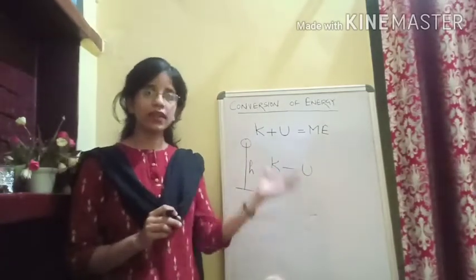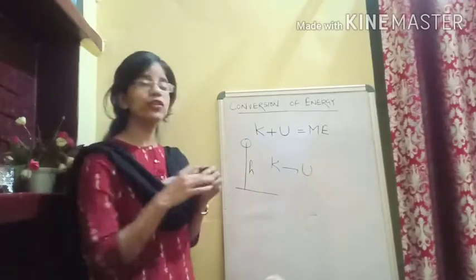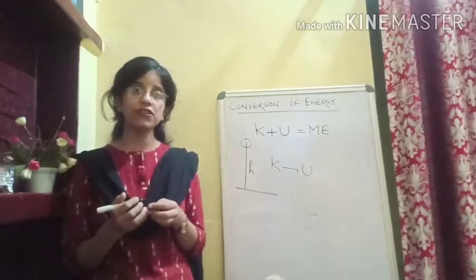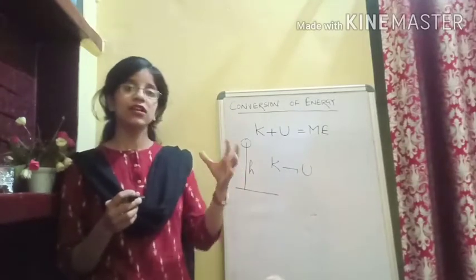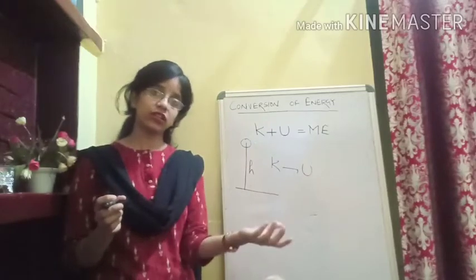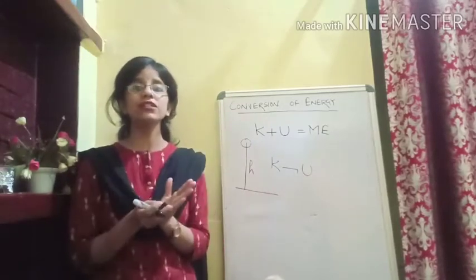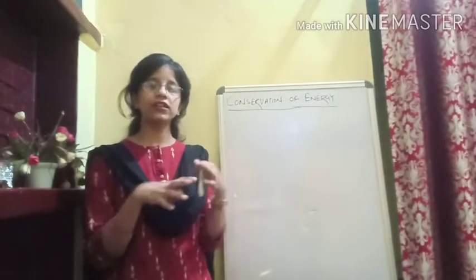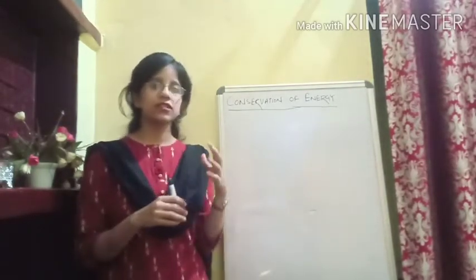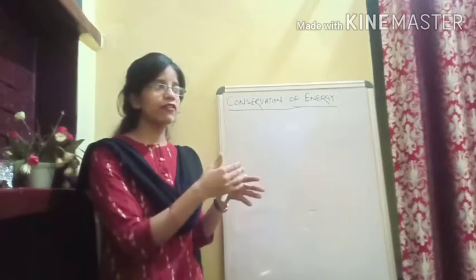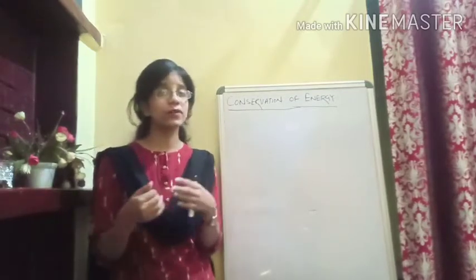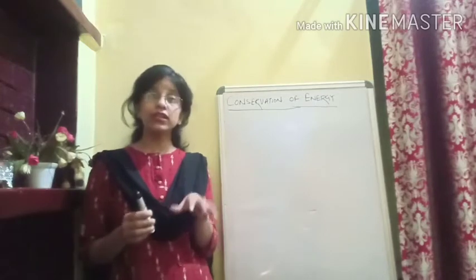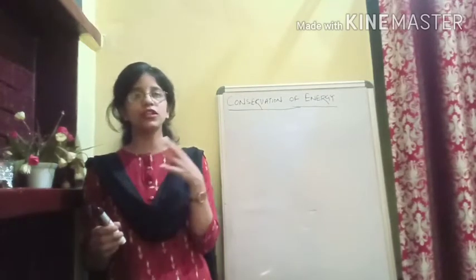And this is what our next topic is, what is conservation of energy and how can we see that one form of energy is changing into another form and the whole energy is conserved. Conservation of energy, we have learned in our previous classes. We have heard that energy cannot be destroyed nor created, it can only be converted from one form to the other form.